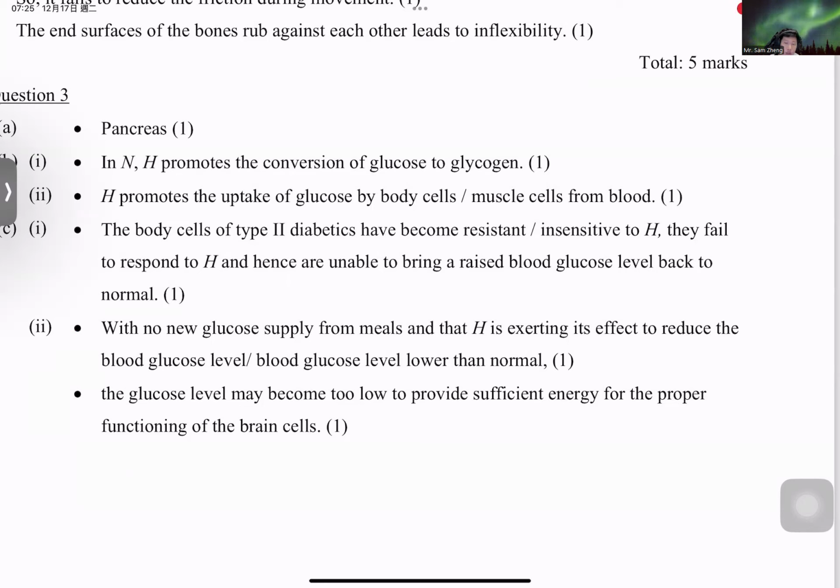As the blood glucose level is lower than normal, what happened? Then we will have insufficient blood glucose to provide sufficient energy for the proper functioning of our brain cells. Remember, last time I mentioned many times: brain cells, but not the brain. So you need to also mention the brain cells.